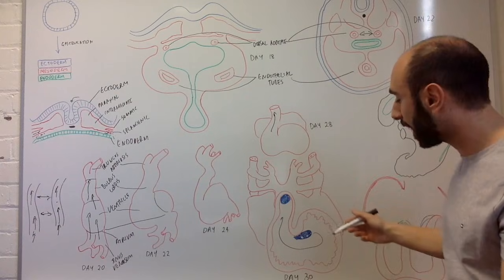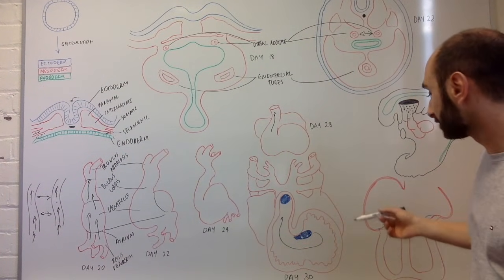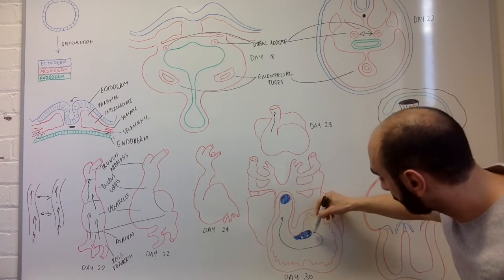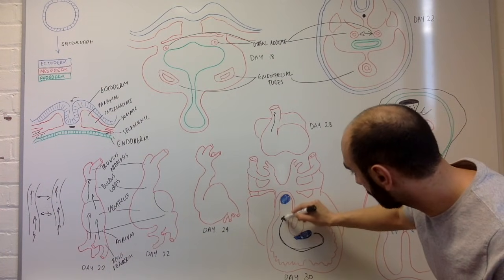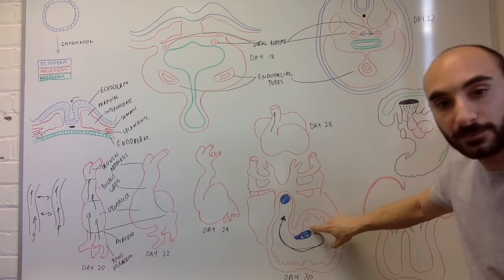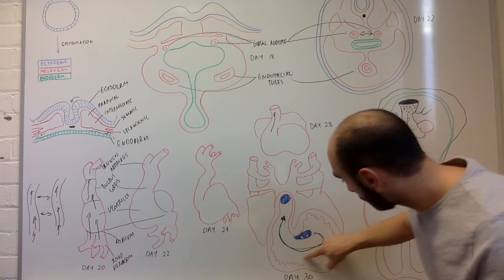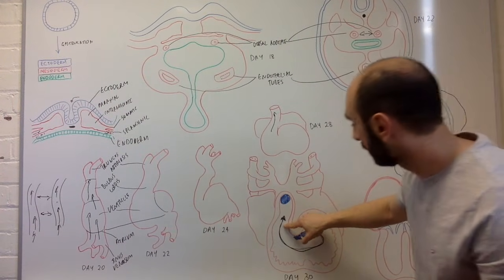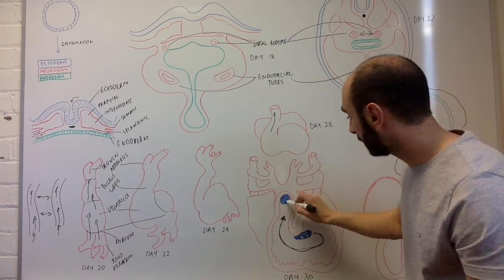I'm just going to discuss the blood flow in it and essentially how it develops. So we'll have the blood flow coming in like this. So it comes in here from the atrioventricular section and flows out through the truncus arteriosus here.